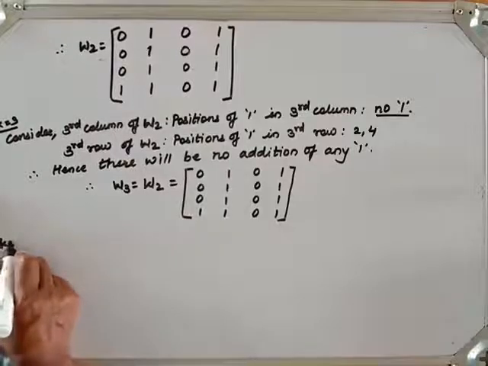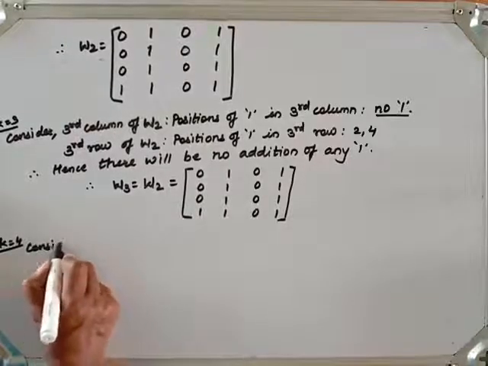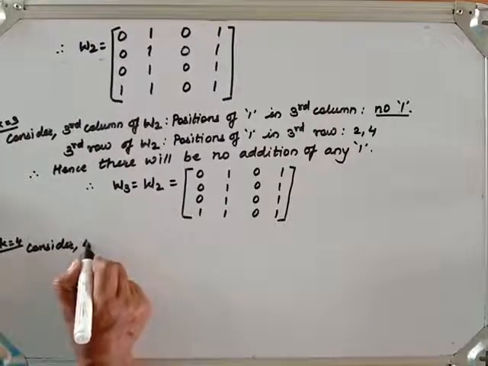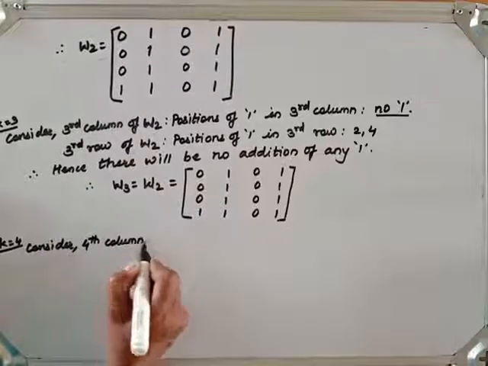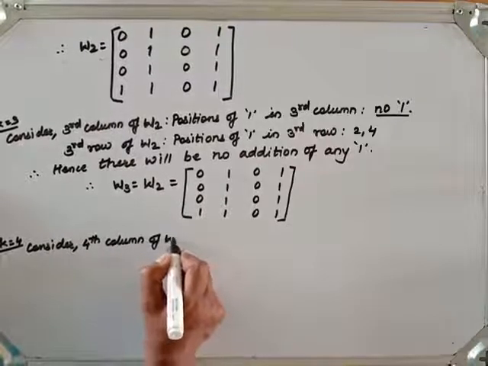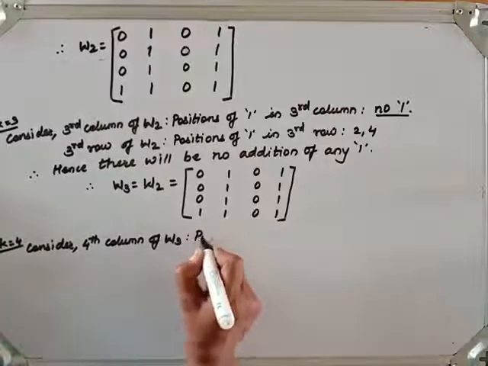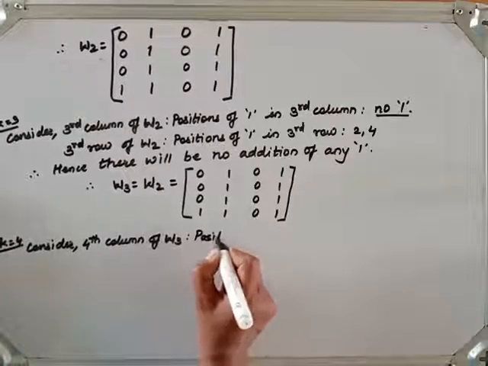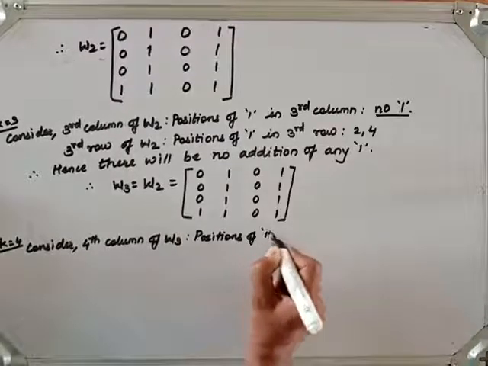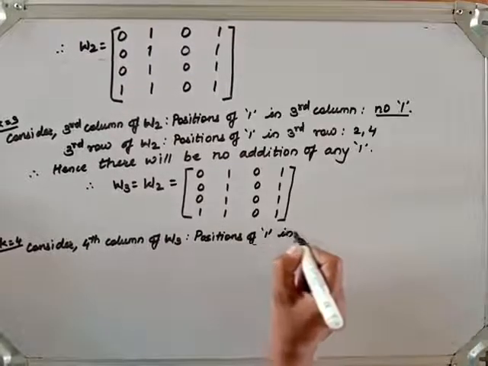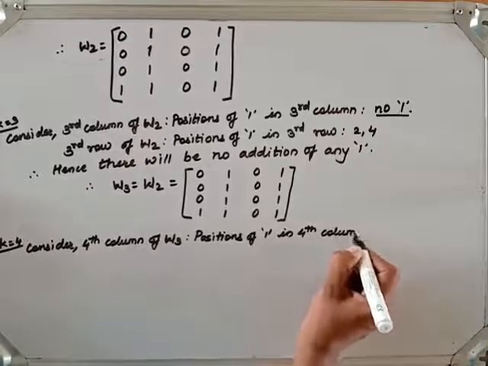Now take k equal to 4. So consider the fourth column of W3. Check the positions of 1 in the fourth column.